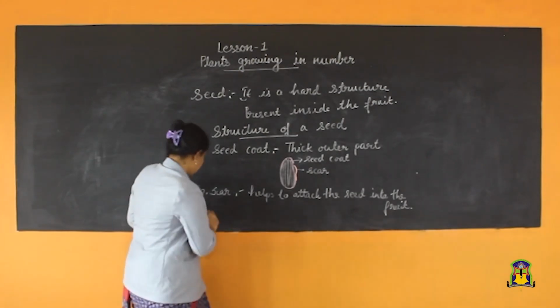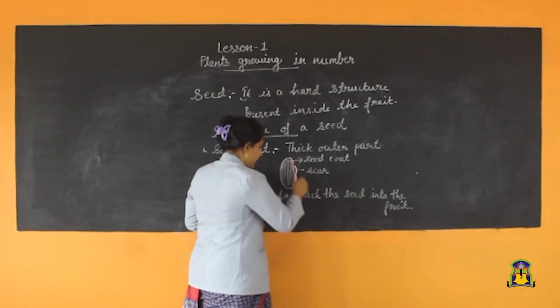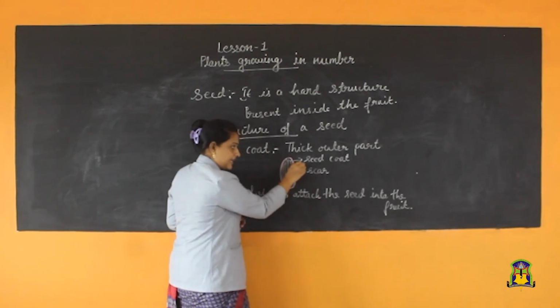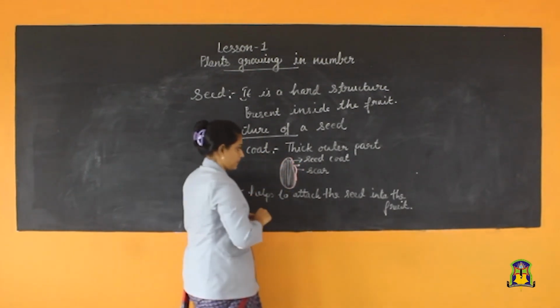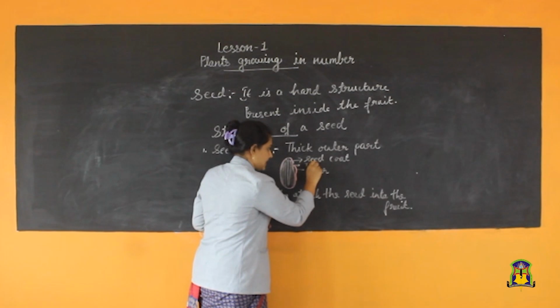Okay. Then next we can see here a tiny hole. Tiny hole we can see.